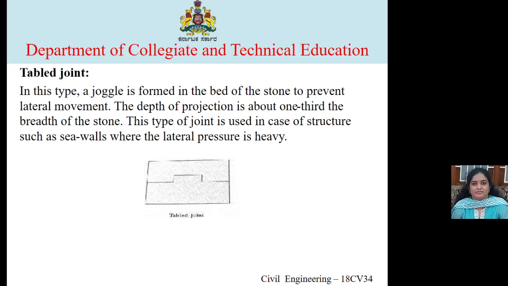This type of joint is used in structures such as sea walls where the lateral pressure is heavy. The lateral pressure is from the water here. So when there is a lateral or horizontal load, it will not slip easily because of this projection and locking system.